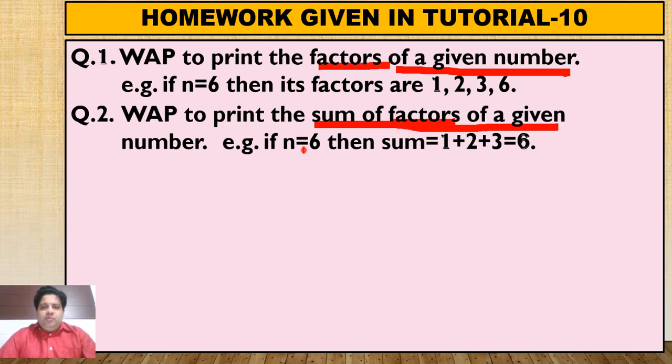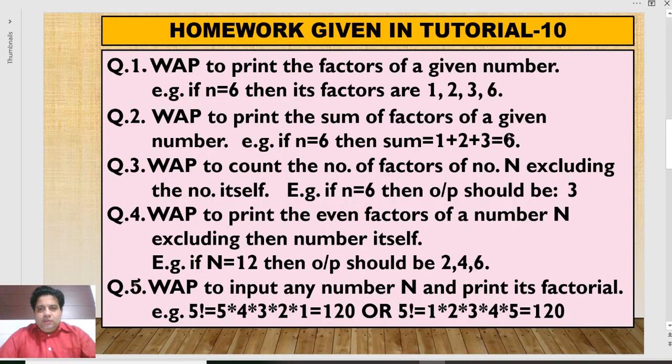It means suppose number is 6, then 1, 2, 3 and 6. Now I think you have to exclude the number. There is one correction, excluding the number itself. In this program, given number, no, it will be plus 6 equal to 12. Okay, now the correction is this.